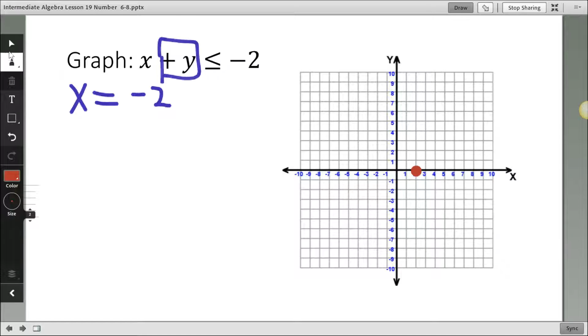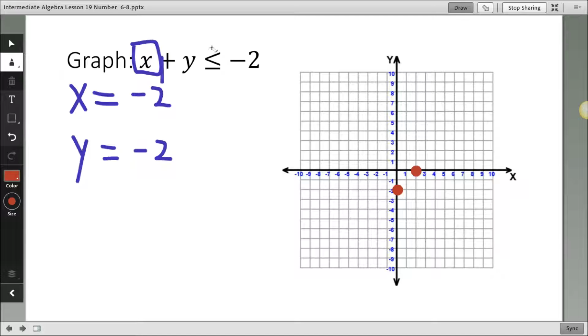So for just a second, I'm going to ignore that this exists. And I'm going to take the y, and it's going to equal -2. So that is my y-intercept. And we'll get a little more complicated with these in just a minute, but for right now, this was just an easy example. And so I can put a point at -2 on the y-axis.